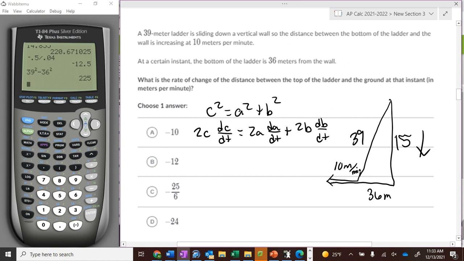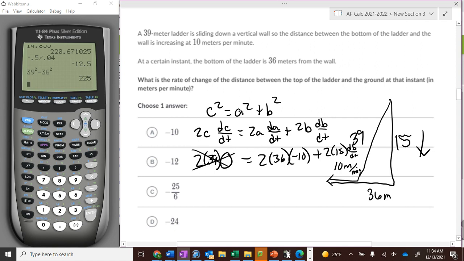No. So dC/dt is what? 0. You are correct. So 2 times 39 times 0 equals 2 times A, which is 36, times negative 10 because it's moving away from the wall, plus 2 times 15 dB/dt.